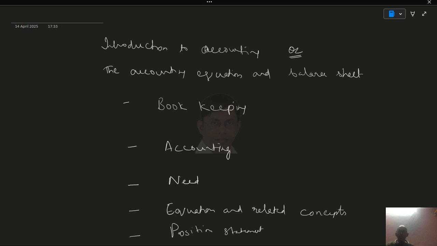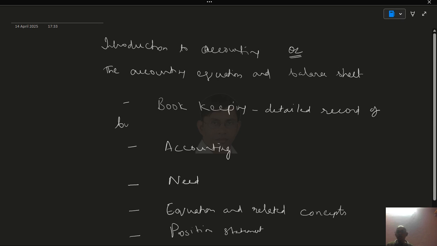So what does the bookkeeper do? A bookkeeper is the first person who records the transaction from the source. He makes a detailed record of accounting information, a detailed record of business transactions.